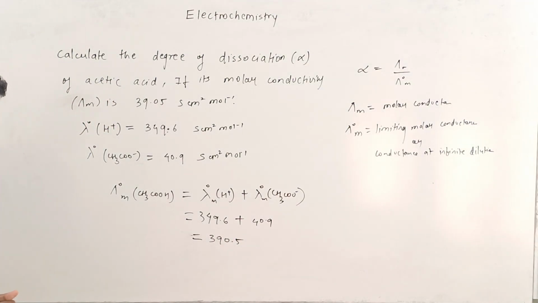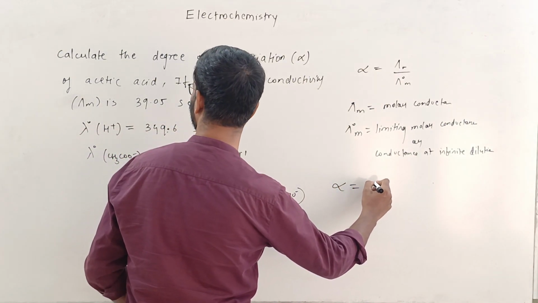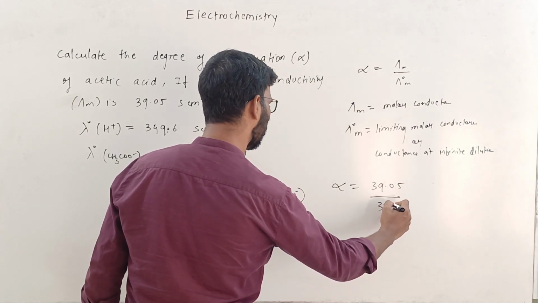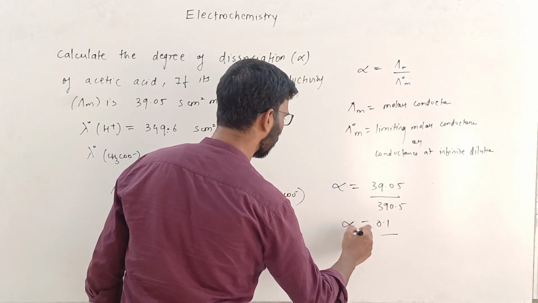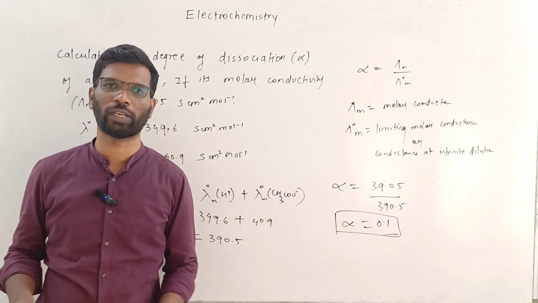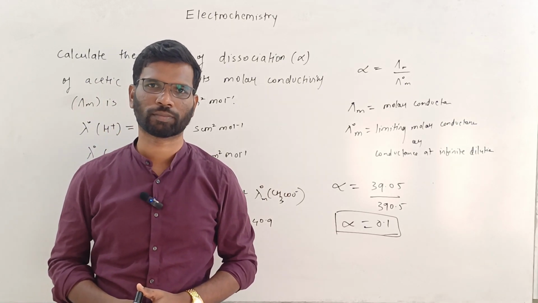Therefore alpha is equal to 39.05 by 390.5, so the answer comes to 0.1. This is the degree of dissociation. It doesn't have any unit. Alpha is a unitless quantity, because the units of both are the same and get cancelled out.